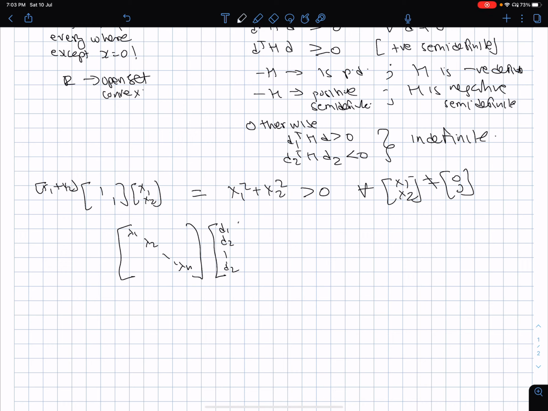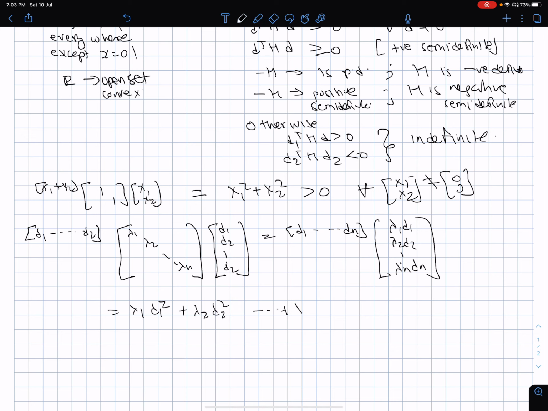I will multiply it by the d vector on the right-hand side and the transpose of the d vector on the left-hand side, which simplifies to d1, d2 to dn times lambda 1 d1, lambda 2 d2 to lambda n dn, which is nothing but equal to lambda 1 d1 square plus lambda 2 d2 square and so on up to lambda n dn square.